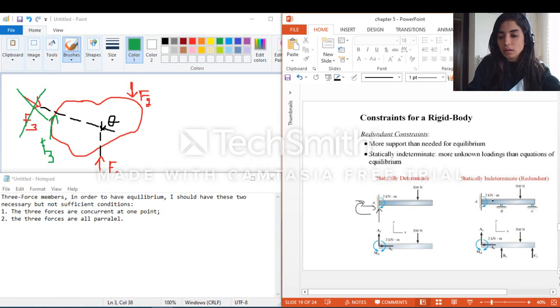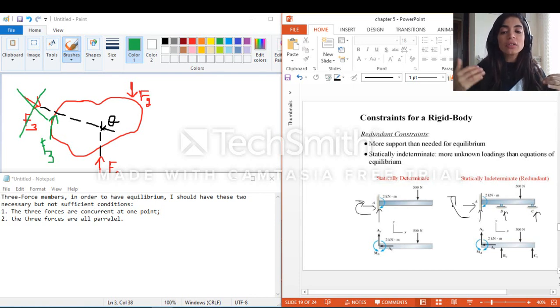Now in this case here, guys, as you can see, I have a fixed support, so I have 3 reactions here. I have a roller, which means I have another reaction here. So how many unknowns do I have in this problem? 1, 2, 3, 4, 5, and I know that in 2D I only have 3 equations, which means I cannot find them, which means, guys, this beam or this body is statically indeterminate, or it is also called redundant constraints.